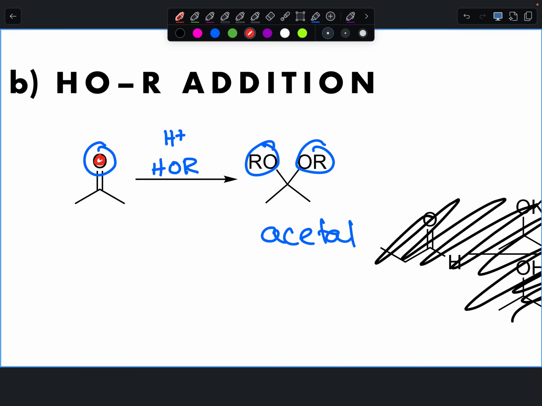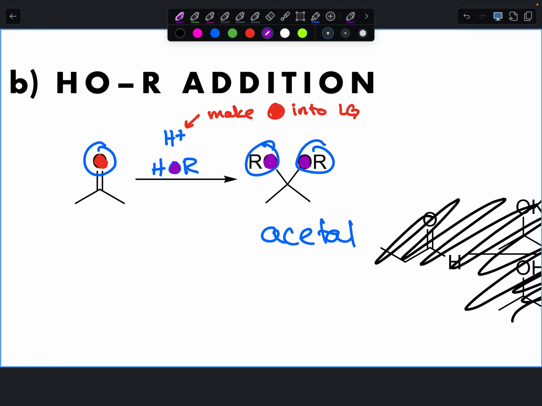Okay. Next one's a different way to think about this, and that is, let's predict what the starting material looks like. In this product, we have formed an acetal.